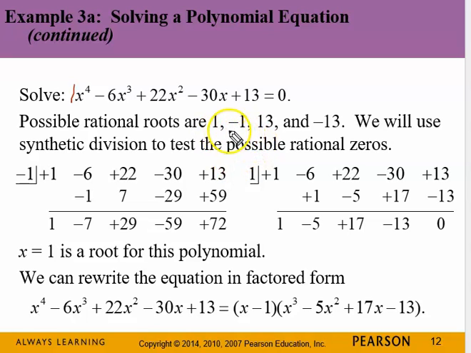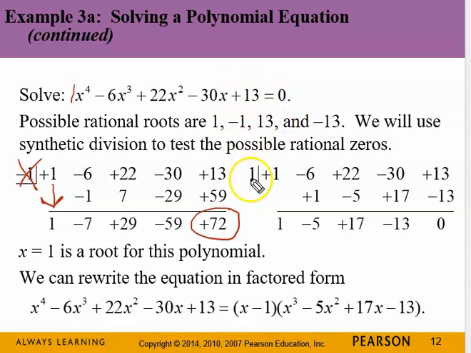And we're going to start with a negative 1. And again, you bring the 1 down, and then -1 times 1 gives you a -1, and so on. But when you get to your remainder, it's not a 0. So -1 is not a 0 in this equation.